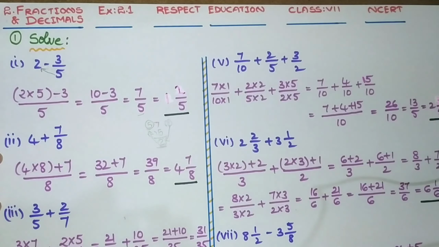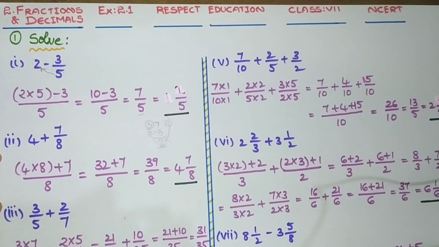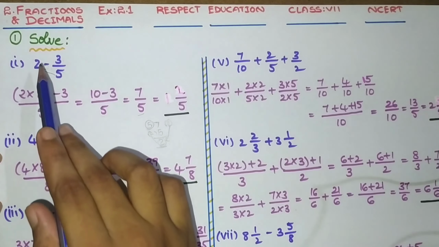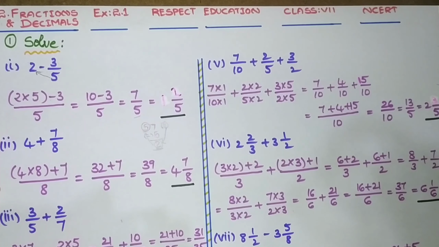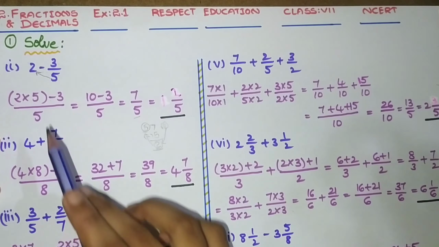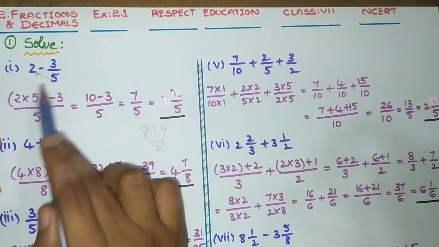2 minus 3 by 5. There is a short and a simple trick to solve this problem, friends. You should multiply 2 into 5.